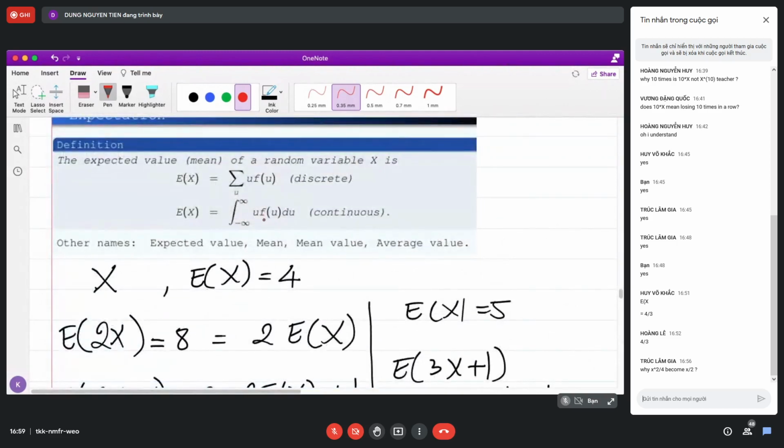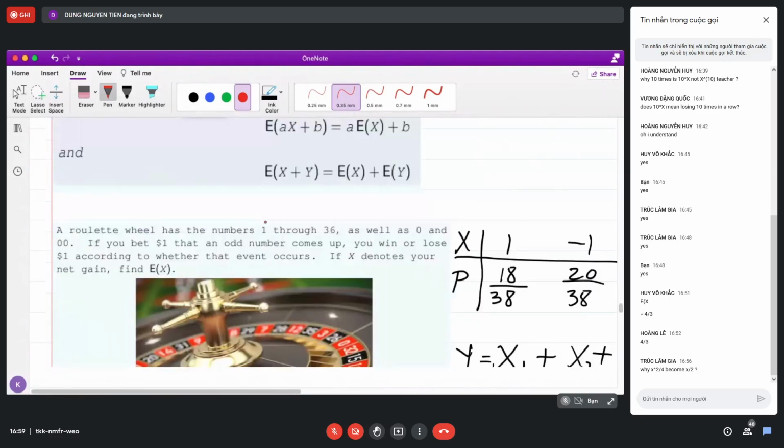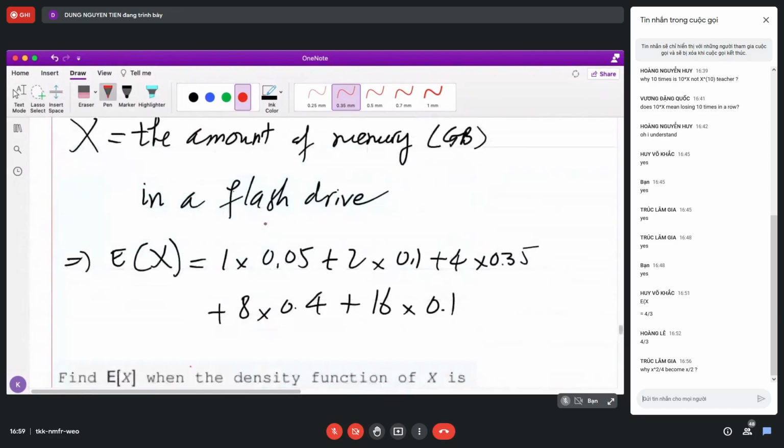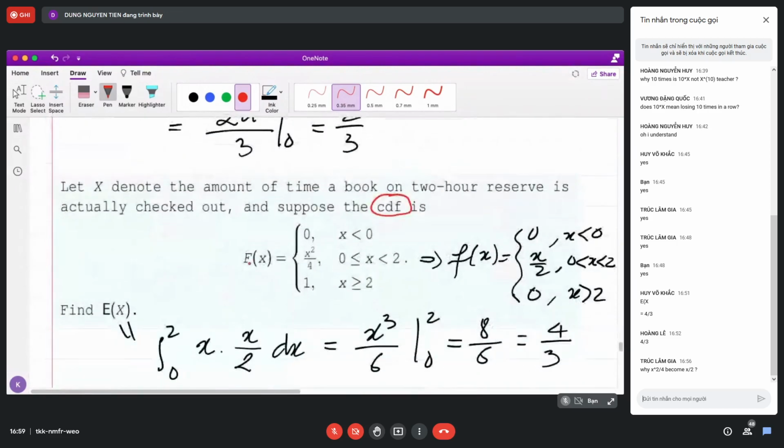So it should be the letter f, not the capital F, right? So in this example, you have the capital F, and you need to find the letter f, which is the derivative of the capital F. That's why, when you differentiate the function, you get this one. Is it okay?